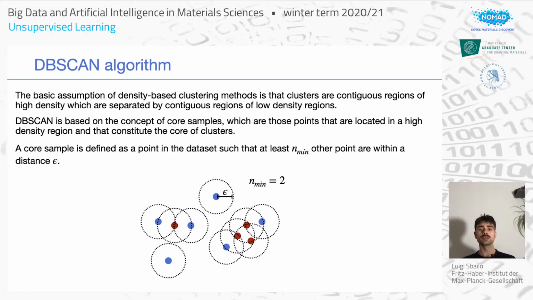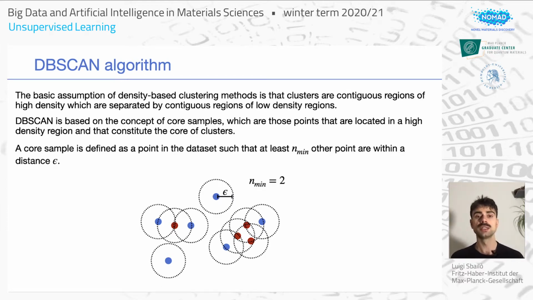Starting from these core points, the red points, we construct our clusters, and the clusters are composed of all those core points that are interconnected, which means that are at most at an epsilon distance from each other, plus all the other neighbor points, which not necessarily must be core points.